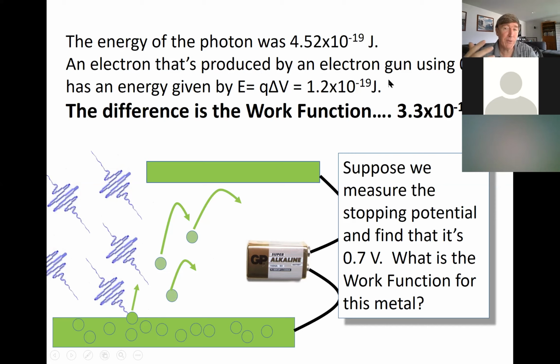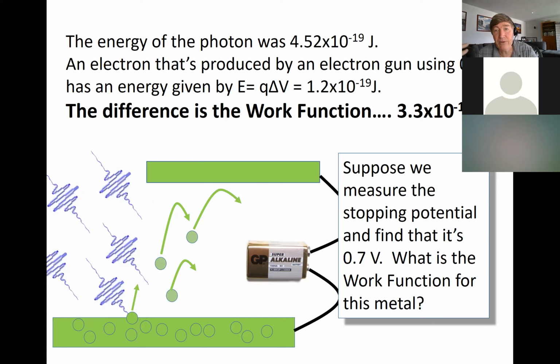If we were to use it as a regular electron gun with a voltage of 0.7, then the amount of energy those electrons have would be Q times V, which works out to be 1.2 times 10 to the negative 19. So if this is the stopping potential, this number, 1.2 times 10 to the negative 19, is how much energy the electrons have.